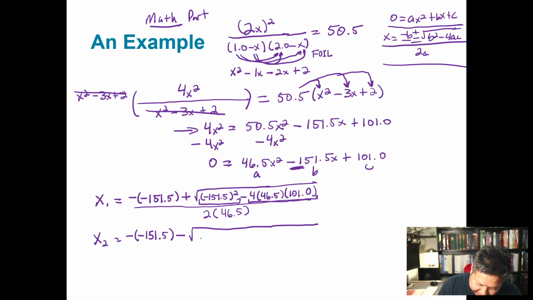The square root of negative 151.5 squared minus 4 times 46.5 times 101.0. Okay. Then all of that is divided by 2 times 46.5. Okay.